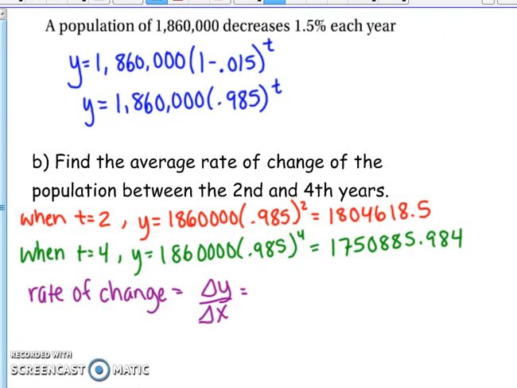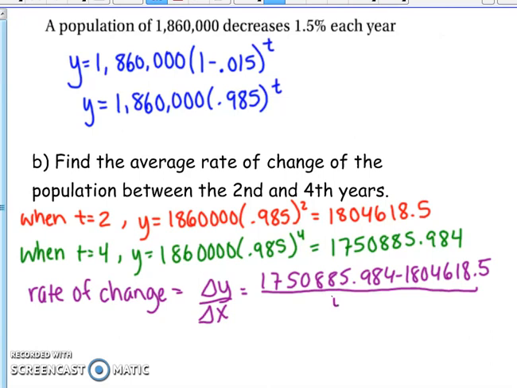So 1,750,885.984 minus 1,804,618.5. The change in y divided by the change in x. So new minus old over new minus old.